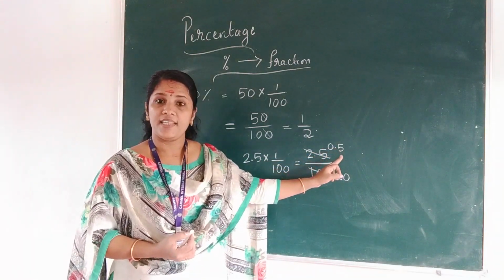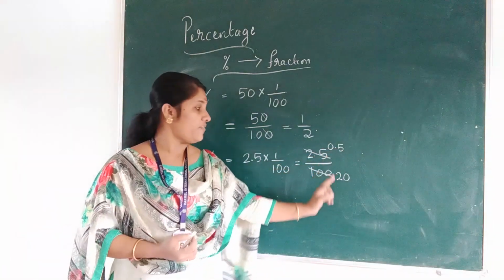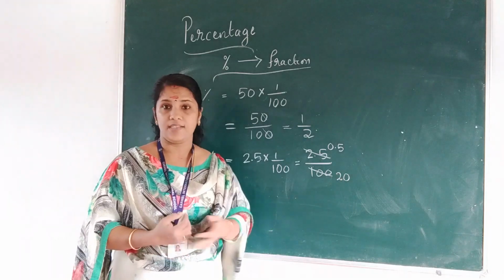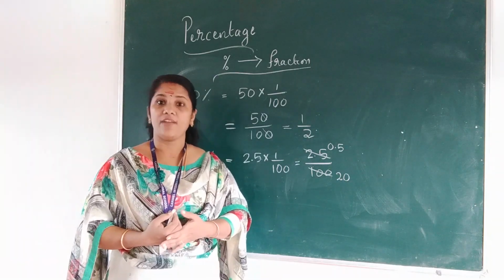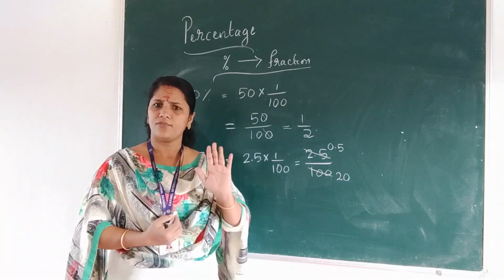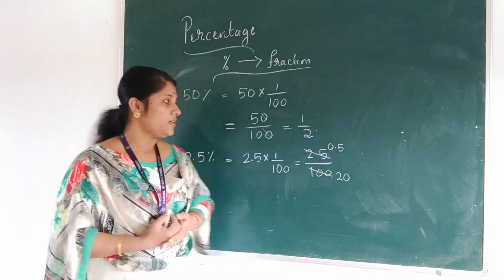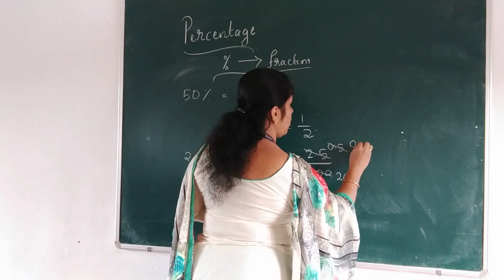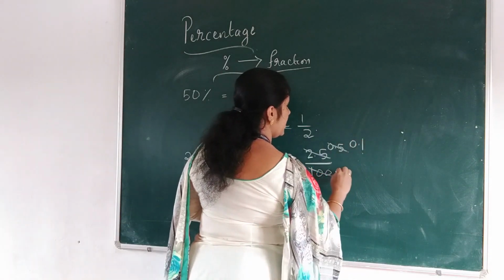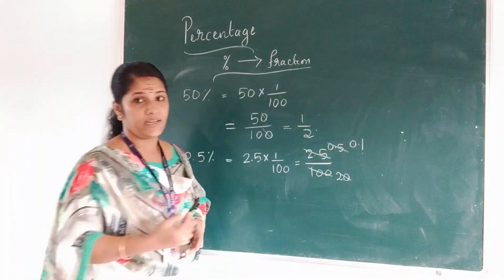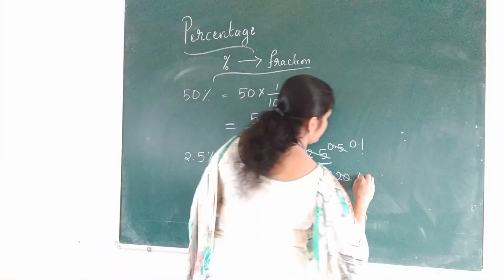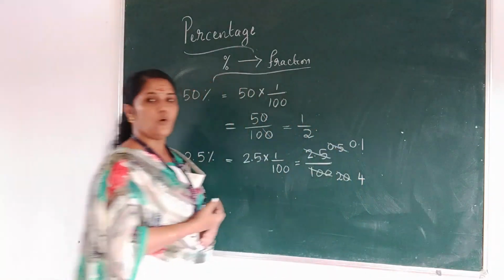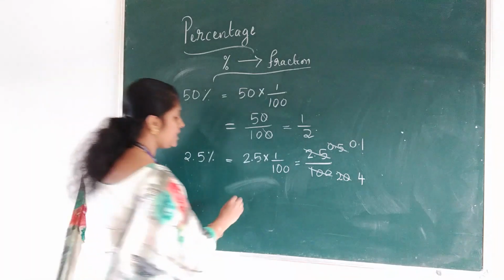Now the numerator is the decimal number 0.5 and the denominator is 20. Again, you can find the common factor 5, so let's divide again. It will be 0.1. Denominator, 20 divided by 5 is 4.